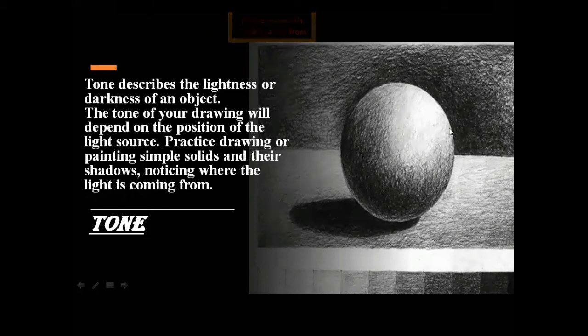The brighter part is the part the light reaches easily, and this is the darkest part where the light does not come properly. With respect to this, the shadow will be drawn.